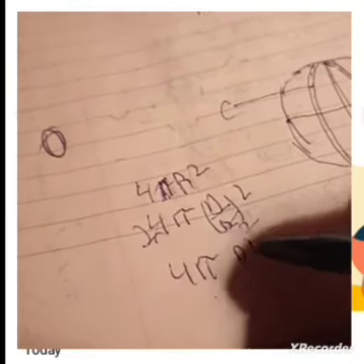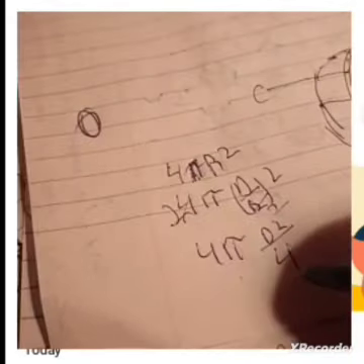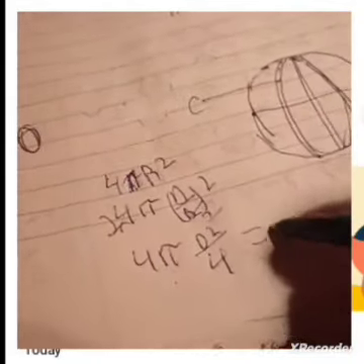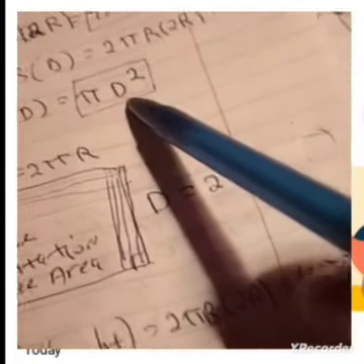Actually that's a 4. Put it right there, that would cancel out, and we would get pi times diameter squared. Okay, that's where that's from.